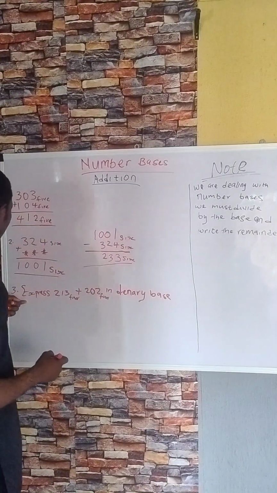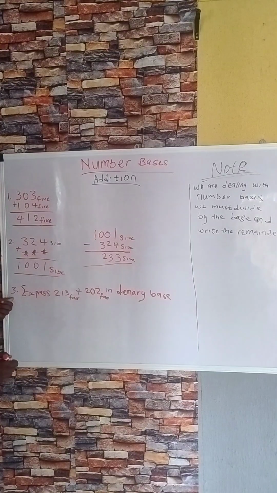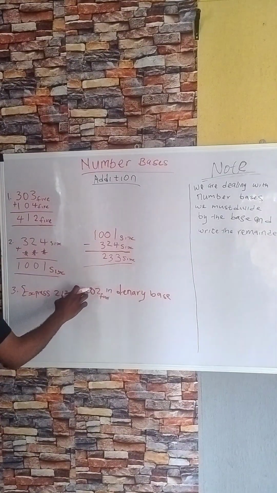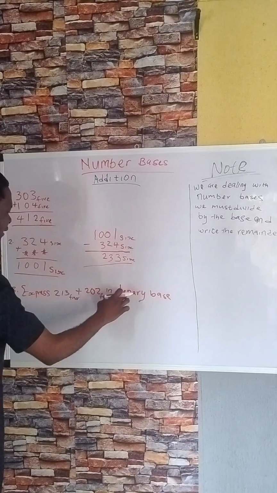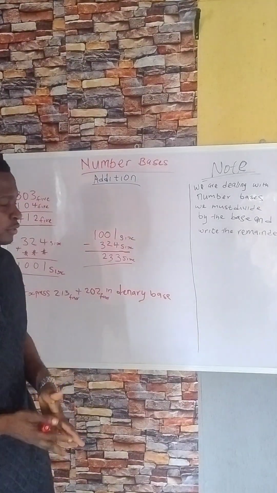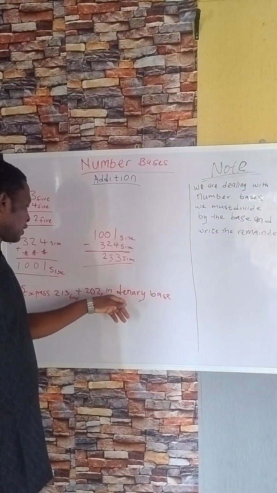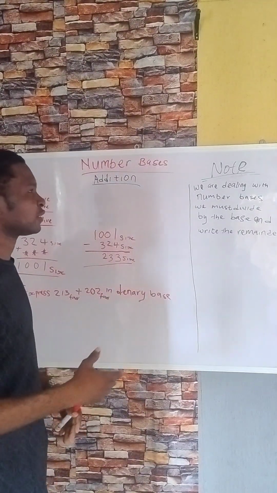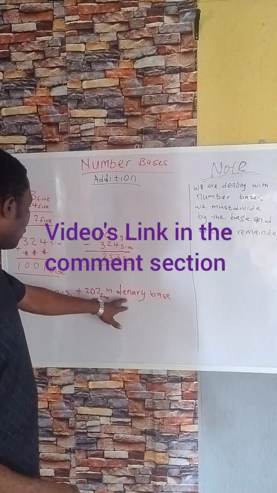So let's go to the next question, which is number 3. It says express 213 base 4 plus 202 base 4 in denary base. Now I've made a short video on the substitute names for base 1, 2, 3, 4, 5, 6 to 12 in number bases.